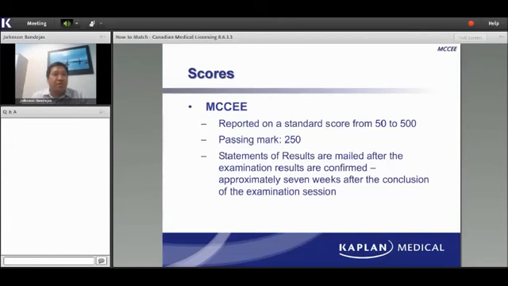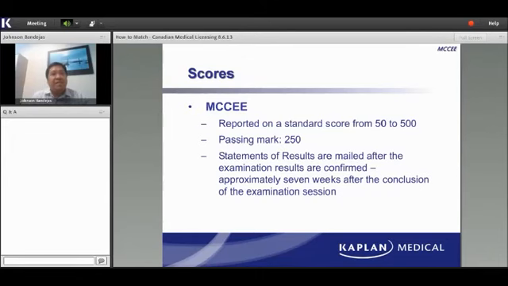Now, the scores are given on a scale on which the mean is approximately 271 with a standard deviation of 50. The passing mark for the MCEE will always be 250, but the mean score is again 271.